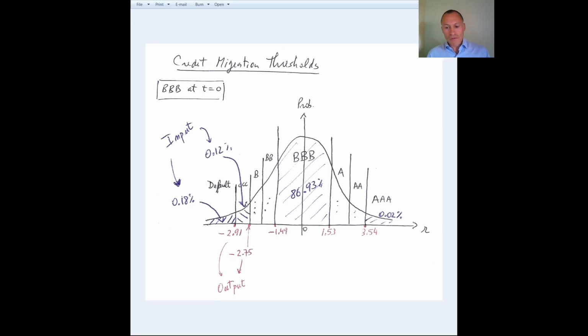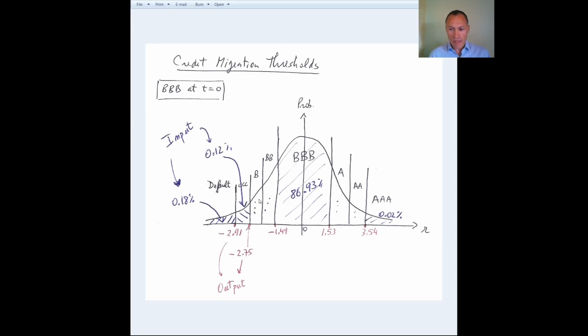So now I'm going to add these two numbers, 0.3%, and look in the normal table to see the critical value to the left of which there is a mass of 0.3%. And that value is minus 2.75. So meaning, if the return on the assets ends up being between these two numbers, I'm going to say that the firm is or becomes a triple C rated firm.